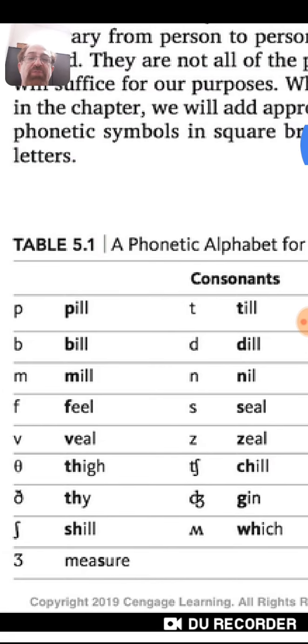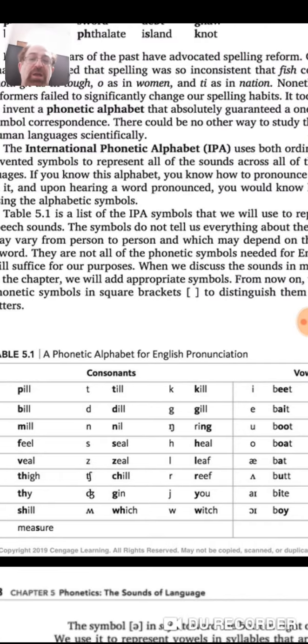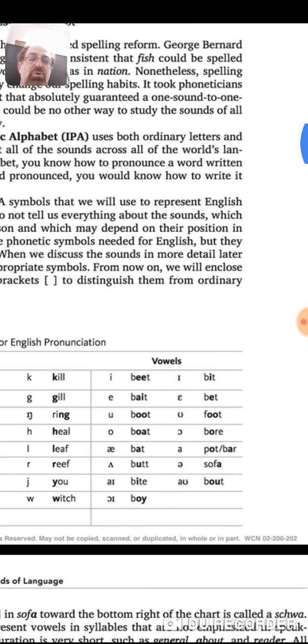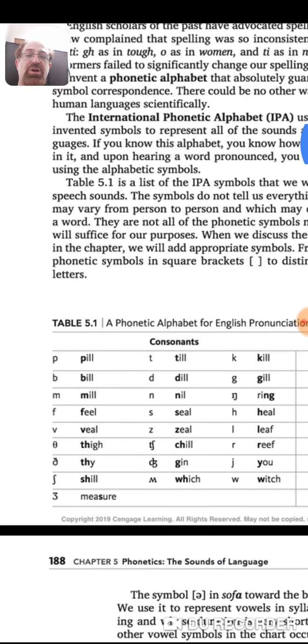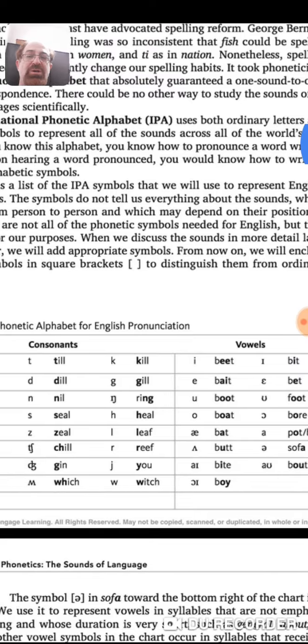It's on table 5.1. Okay, there are 3 columns of consonants and 2 columns of vowels.